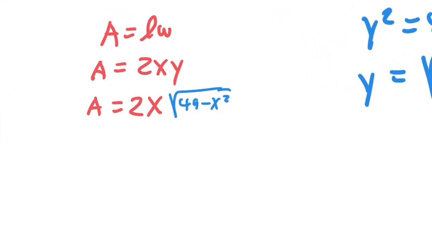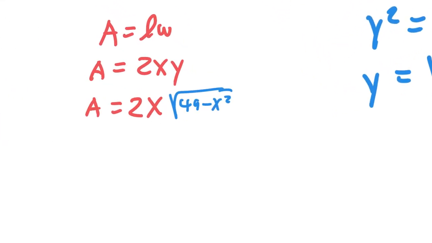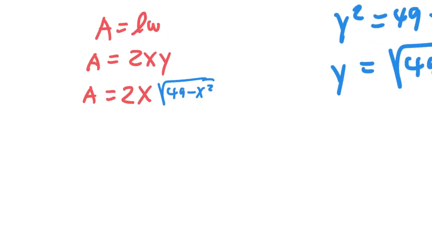Okay, now let's look at this. It's going to be a product rule. How do I know? Because I have an x times this other sort of function that features x, so this is a product situation. Now let's be very clear. Product rule says if you have an original equation called u times v, the product rule says that it's u prime times v plus u times v prime.